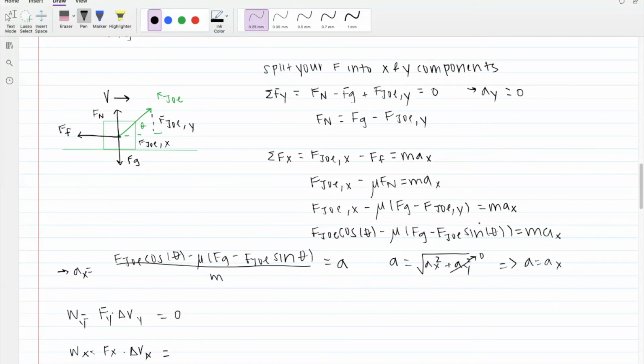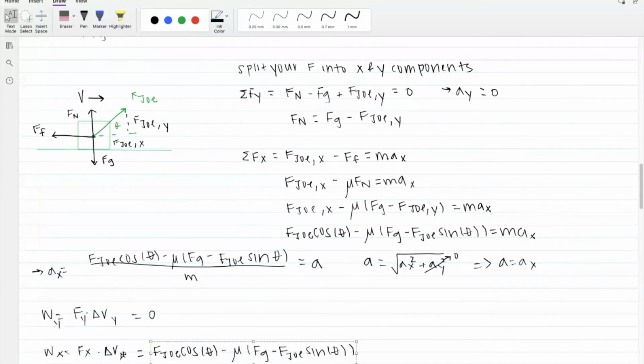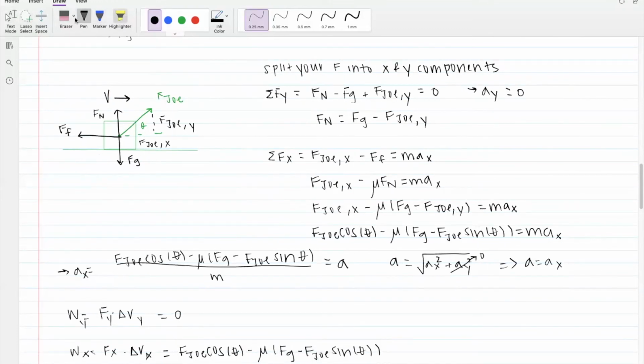The force applied in the x direction is going to be this entire thing times delta R, which would equal 6 meters.